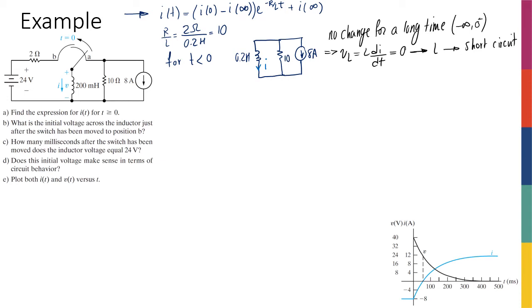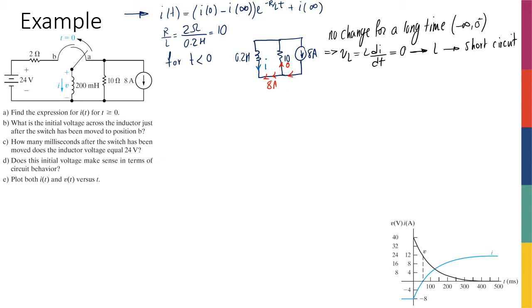Okay, since L is short circuit, all of the 8 amp current is going to be flowing through here, right? So this is going to be 0. Nothing is going to go to the 10 ohm. So here I'm going to have 8 amperes. Because I defined I flowing from top to bottom, I didn't define, the question defined it to flow from top to bottom.